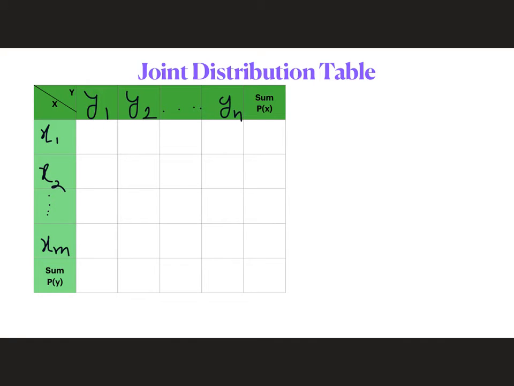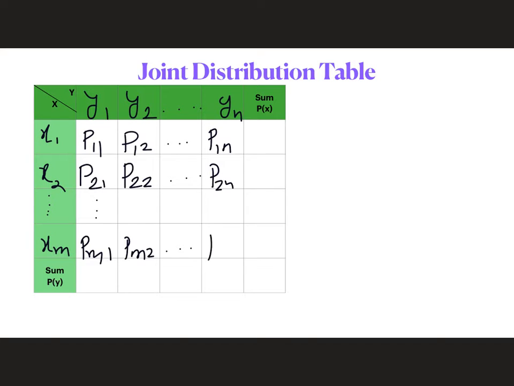Those are denoted by p11, the probability for the random variables x1 and y1. Similarly, p12 is the probability for x1 y2. Continuing like this, we fill P1n, then P21, P22, P2n, Pm1, Pm2, Pmn. These are the probabilities for the corresponding random variables x and y.